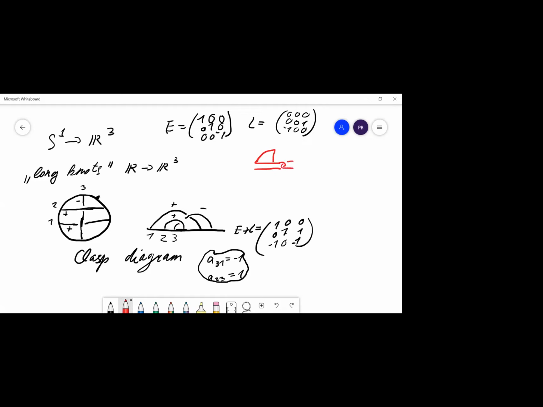And so what is a chord actually? A plus chord corresponds to a crossing that goes like this.